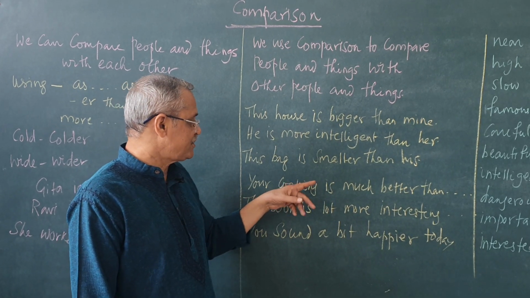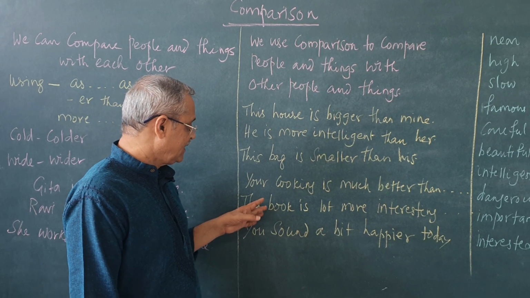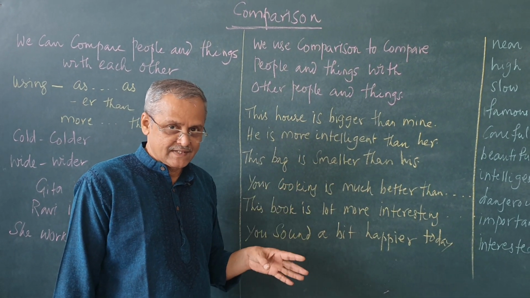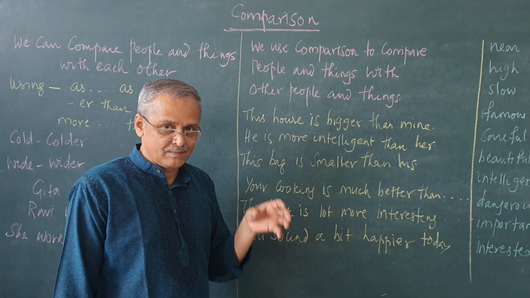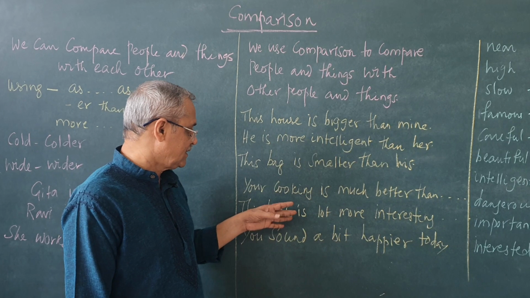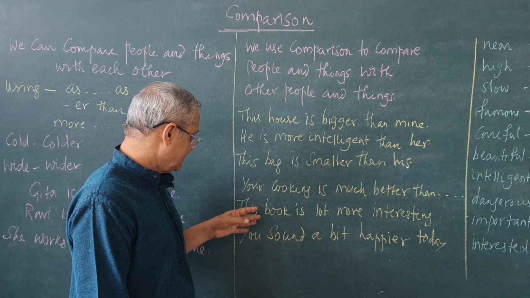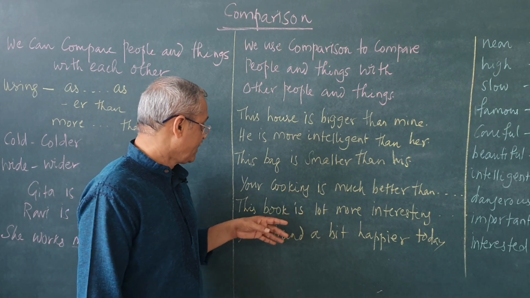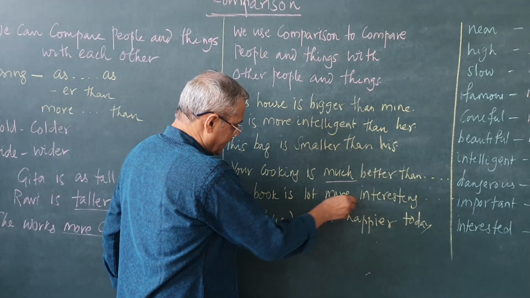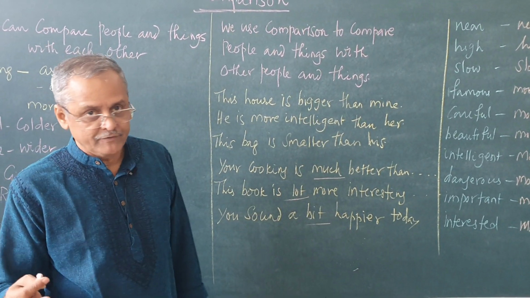Your cooking is much better than mine. My cooking is not as much better as yours. This book is a lot more interesting than the earlier one. You see here, whenever we are using much, a lot, a bit, we normally use the comparative form.